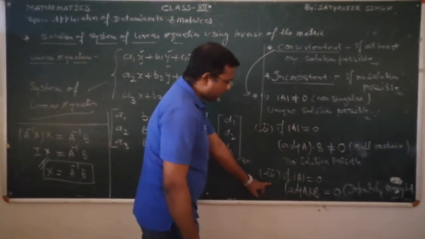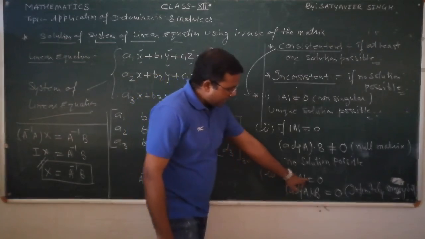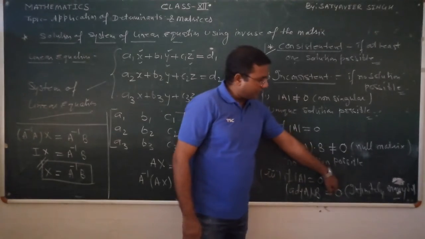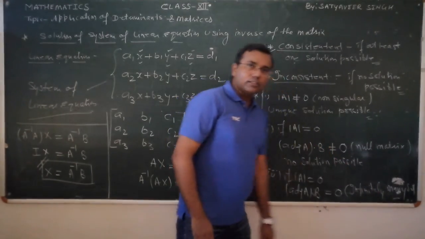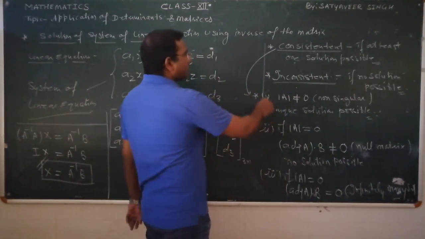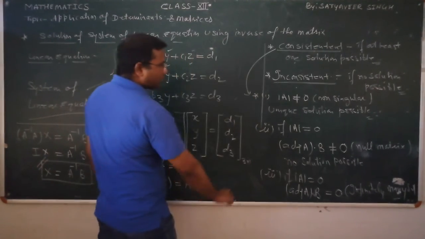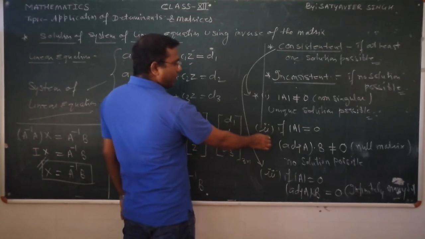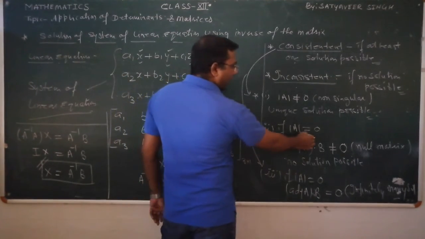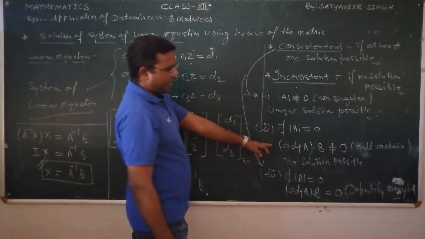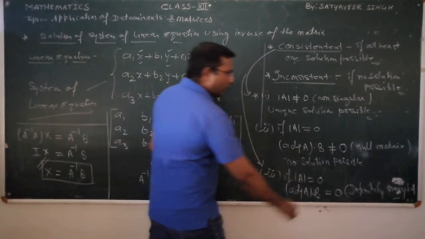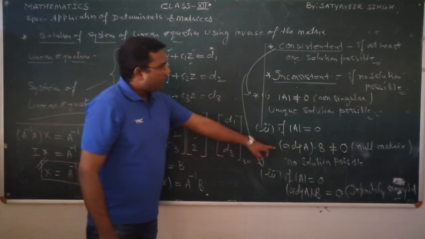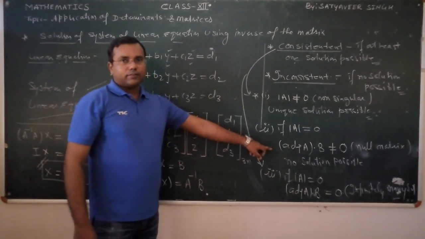At the same time, here also if you will see, determinant A is equal to 0, adjoint A into B is equal to O, null matrix, then infinitely many solutions possible, means this category also comes in the consistent. Third one. But the second one, if you will see, determinant of A is equal to 0 and adjoint A into B is not equal to O, null matrix, then no solution possible. So this is the category of the inconsistent.